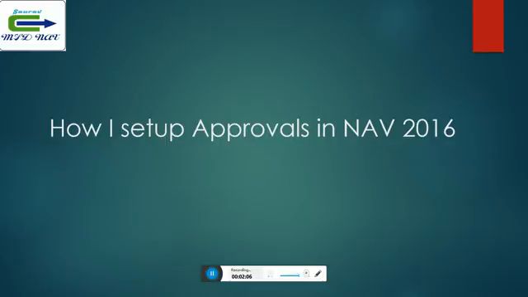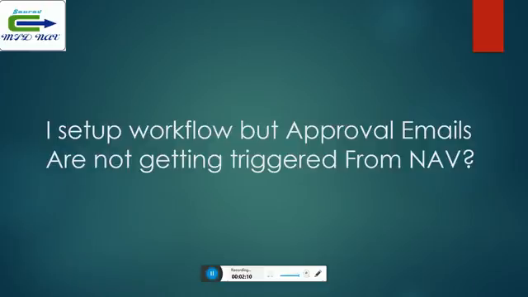So how do I set up my approvals in NAV 2016? People who read about it and go a step ahead, they ask that I have already set up the workflow, but my approval emails are not getting triggered from Navision. So when somebody is sending an approval request, the approver is not getting an email. So what is it that I'm missing?